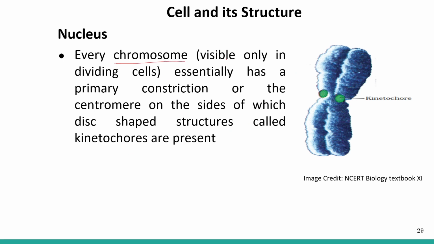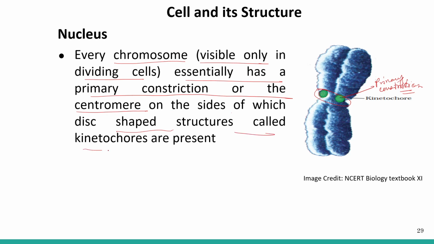Every chromosome, visible only in the dividing cell, essentially has a primary constriction or the centromere. Here we can see this region is the primary constriction. On the sides of it, disc-shaped structures called kinetochores are present.